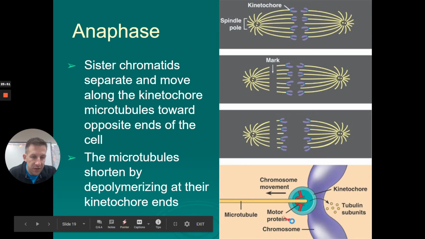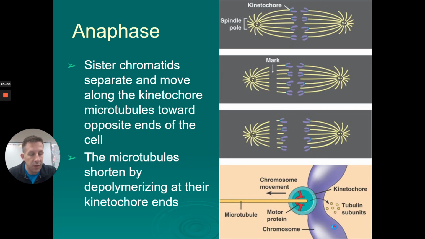This kinetochore acts like a U-Haul truck, and this giant chromosome is hanging off the back end of it, almost like a big pull-behind RV trailer.